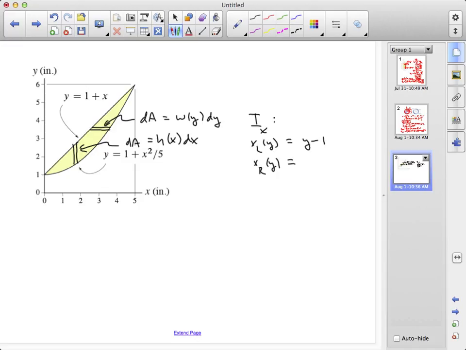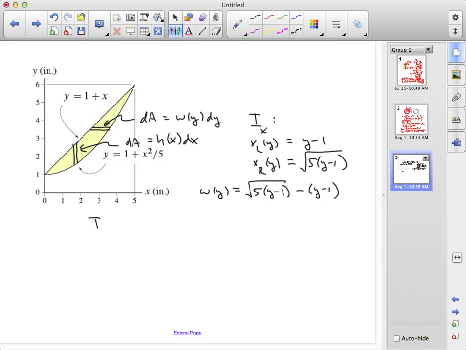And for our right bound, we subtract 1, multiply through by 5, and take the square root, so that this becomes the square root of 5 quantity y minus 1. Our width is the difference between those right and left bounds, or the square root of 5 times the quantity y minus 1, minus y minus 1.